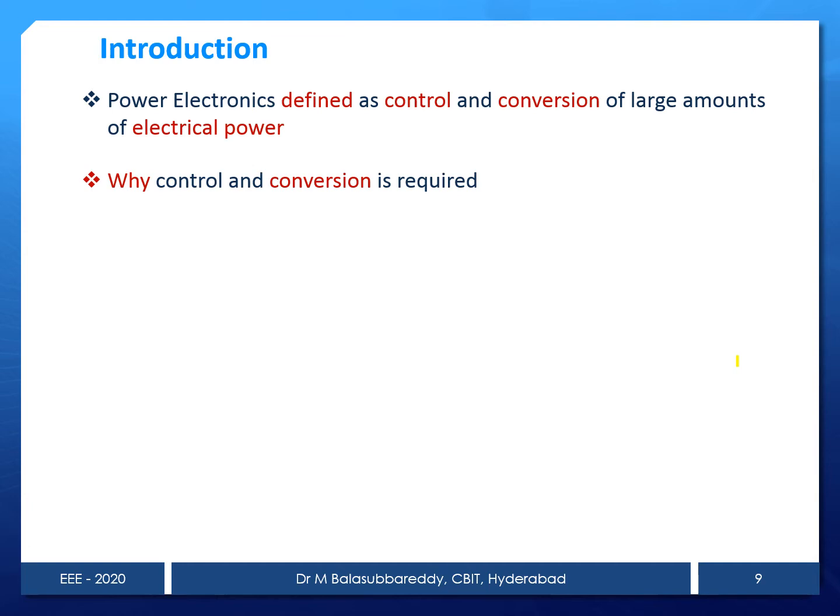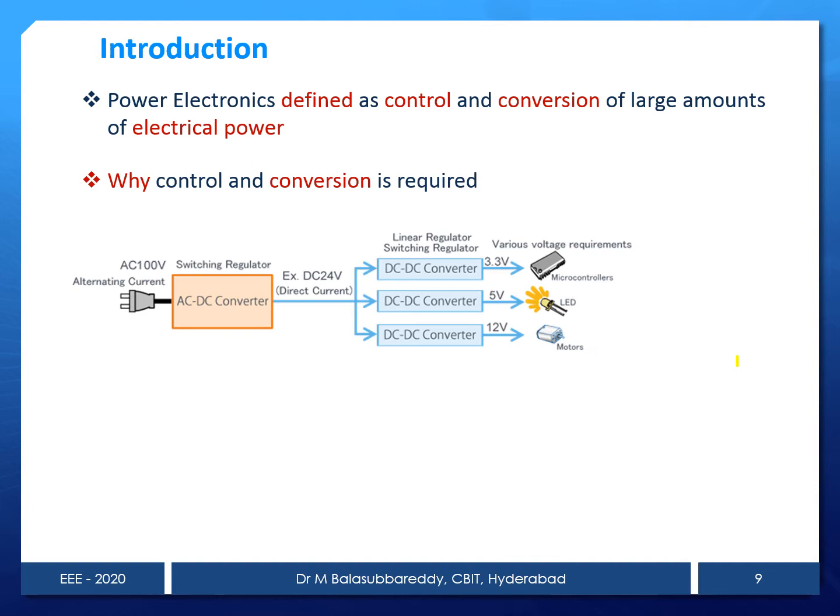And coming to this point: why are control and conversion required? In this diagram, we can observe an input AC supply of 100 volts, let's consider. And the applications we can observe are an LED bulb, a modem, and microcontrollers, and many other applications. How will these applications work?